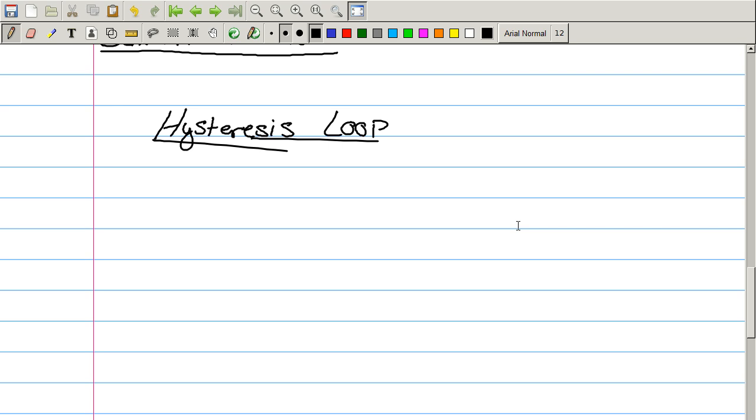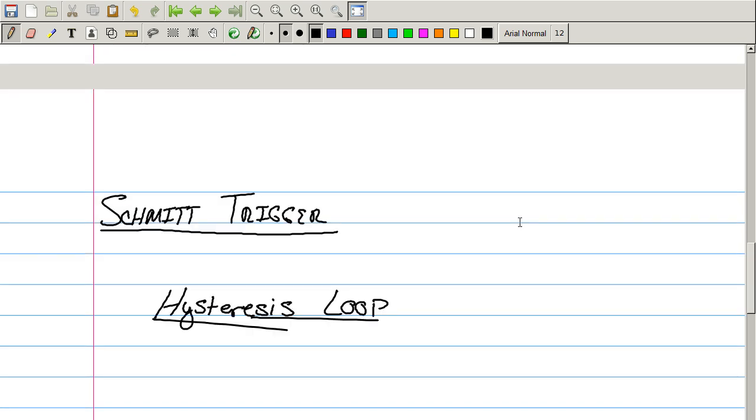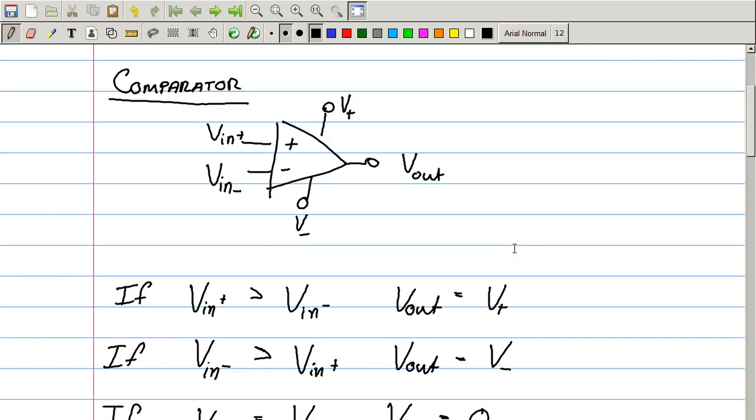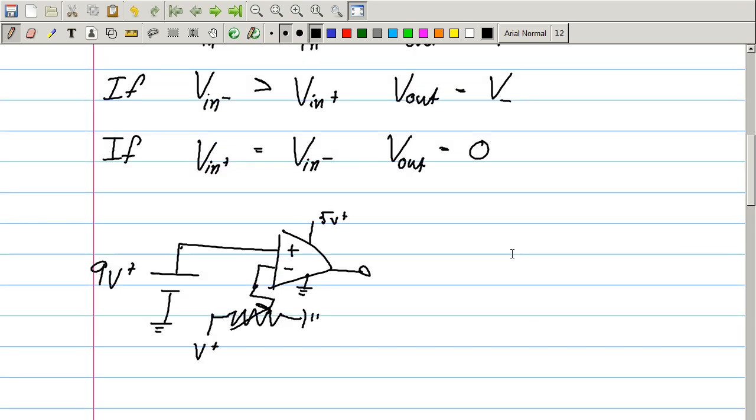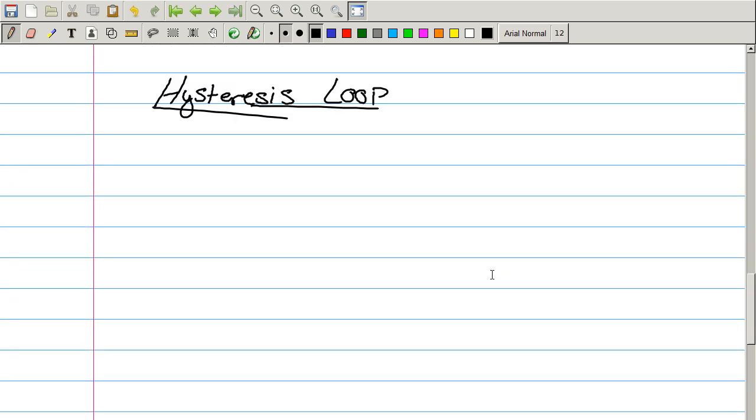What does that mean? Well, a Schmitt trigger is like a comparator, except it has a difference. A hysteresis loop is something that looks like this, and you'll see this symbol used on the Schmitt trigger because it relies heavily on the concept of a hysteresis loop.